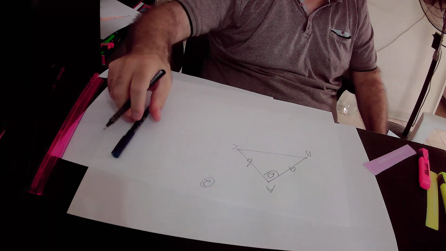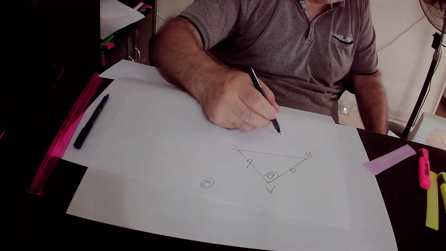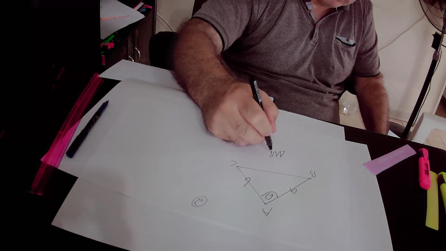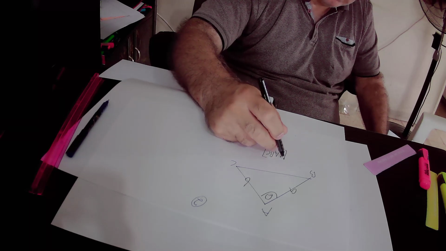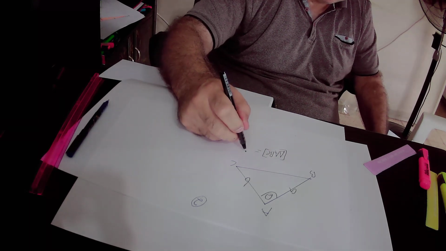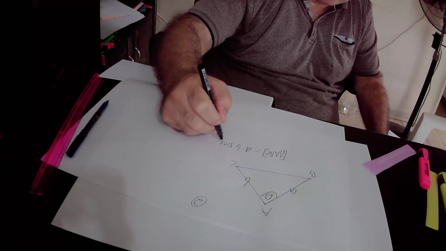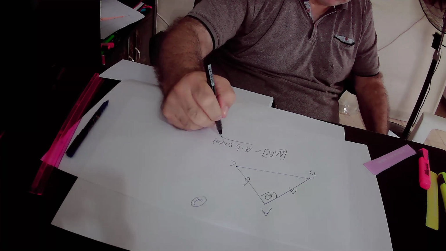Then according to the new formula, the area of triangle ABC is equal to A times B times sine theta over 2.